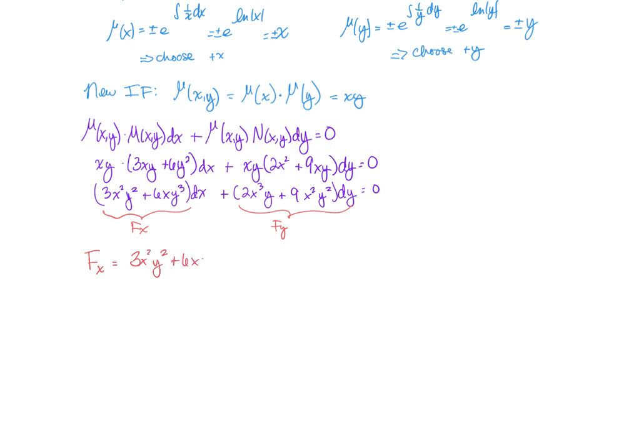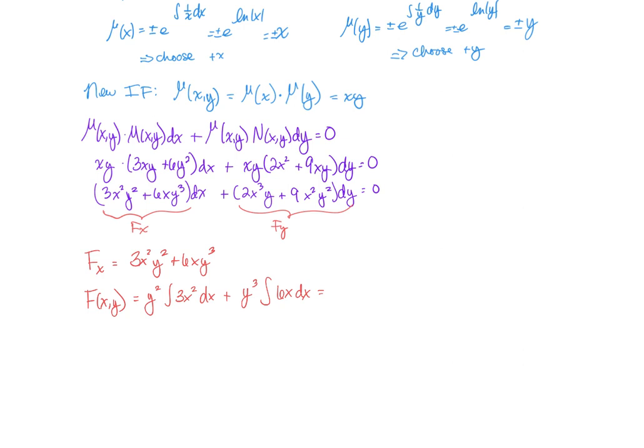So let's say our f sub x, or our df dx here, is equal to 3x squared y squared plus 6xy cubed. And I want to integrate that to find f of xy with respect to x. So my y squared becomes a constant out front, and I'm going to integrate 3x squared dx. Plus, I'm going to bring my y cubed out to the front because we're treating it like a constant, and on the inside, I'm going to have 6x dx.